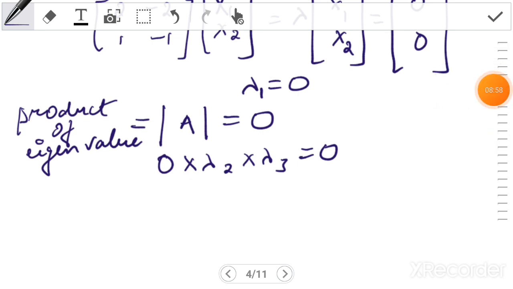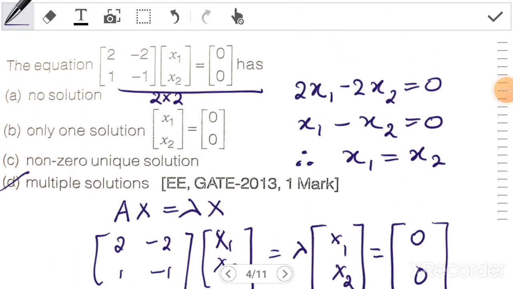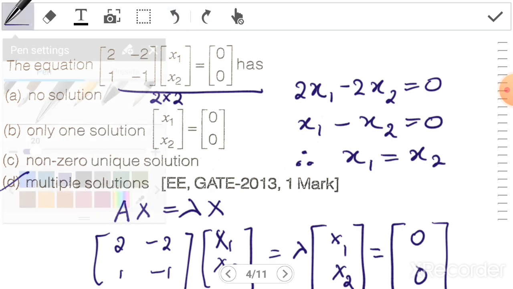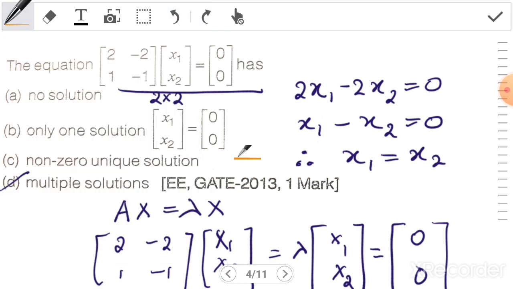So we can use the elimination method. This is not true, this is also not true, this is not true, and no solution is also not true, because x1 is equal to x2.